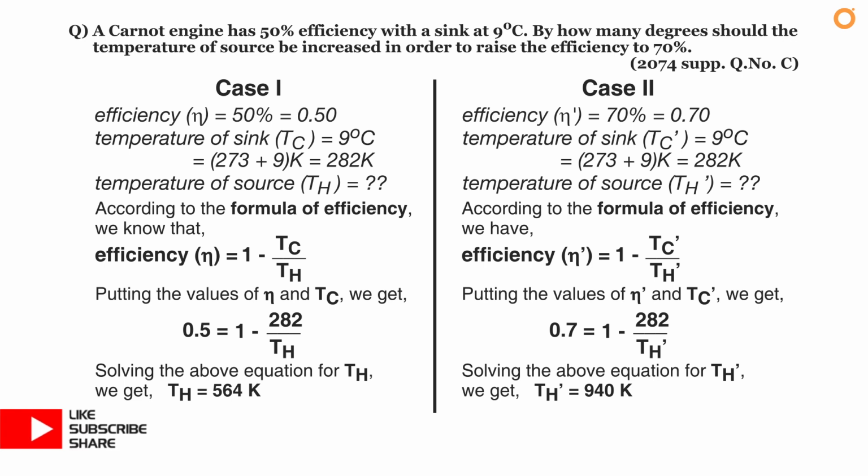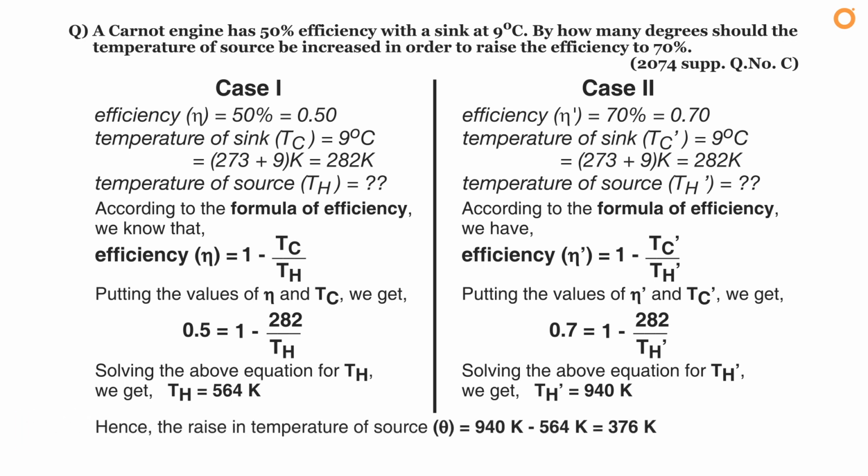Thus, the temperature of source in case number 2 is 940 Kelvin. Hence, the raise in temperature of source theta = 940 Kelvin - 564 Kelvin, which is equal to 376 Kelvin. Since theta is the difference in temperature, we can write either 376 Kelvin or 376 Celsius degree.